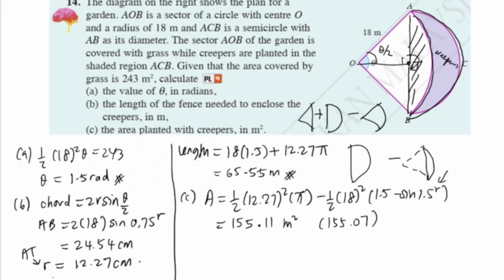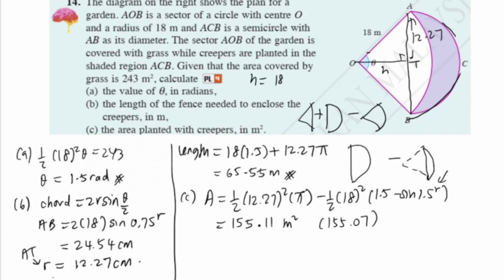Since I don't have enough space, I'm just going to draw here. I know AB is 12.27. Too many lines, a bit confusing, so I'm going to rub off and redraw here. This is 12.27. Let's find the height, OT here if you like. Your OT is the square root of 18 squared minus 12.27 squared, which gives us 13.17.